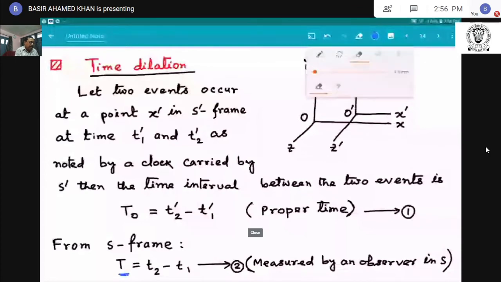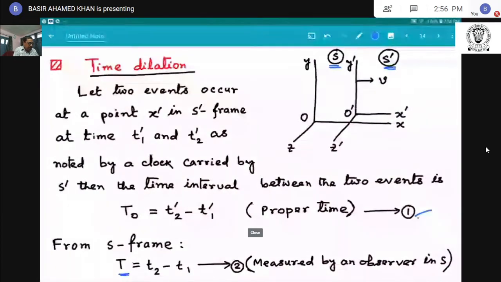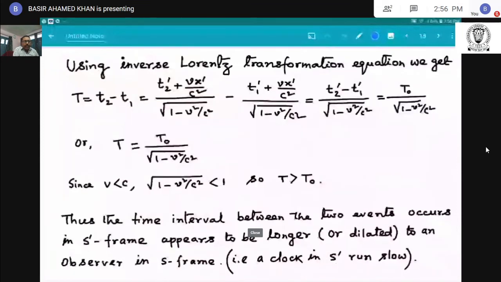That means the relativistic time measured by an observer in S frame is t equal to t2 minus t1. This is equation 1 and this is equation 2. Now, using the inverse Lorentz transformation equation, we get t equal to t2 minus t1.